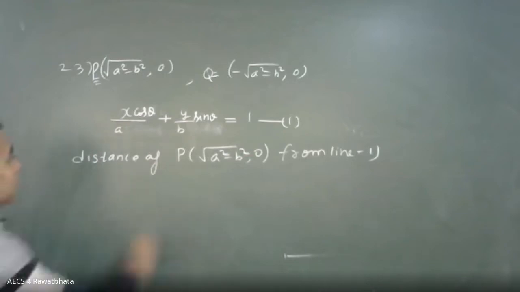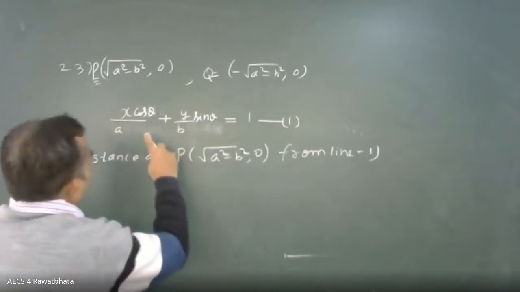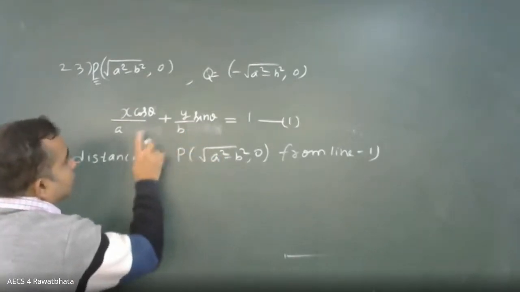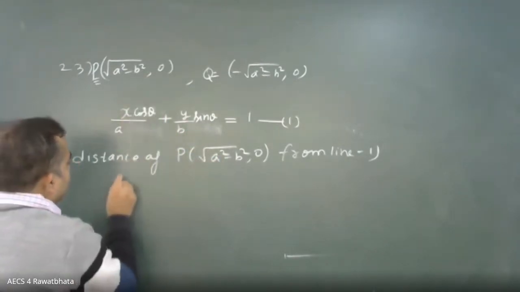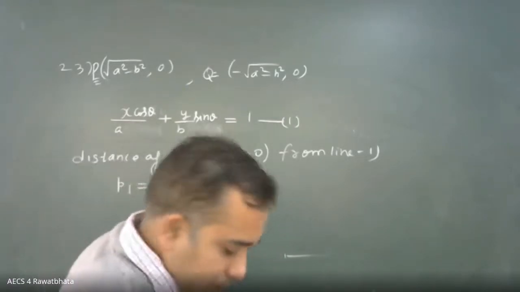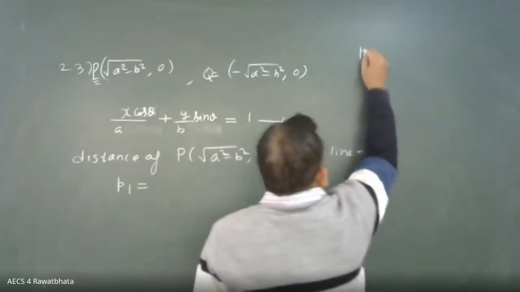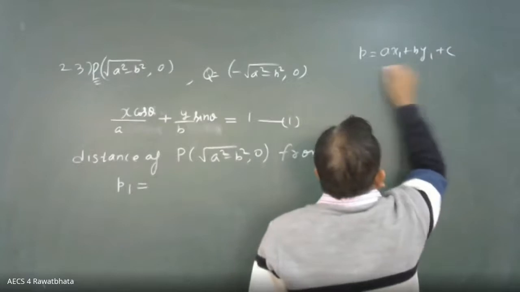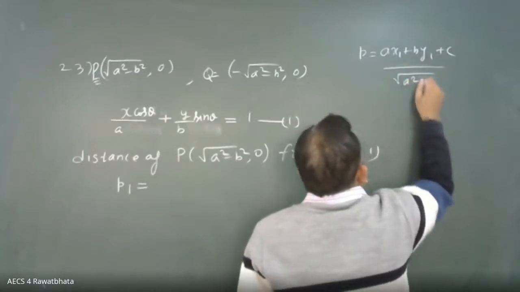This is the question. So if you apply (ax1 + by1 + c) whole upon root of a square plus b square, the distance of P from this line, P1, will be how much? You should remember this formula.